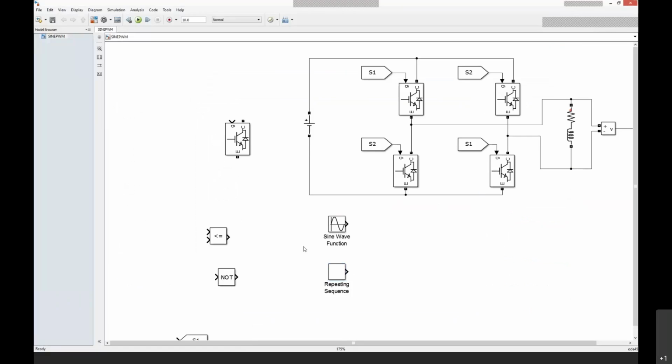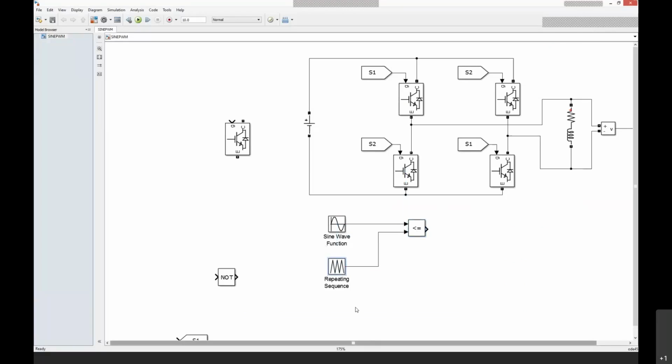Once this is done, these two signals we need to compare by using a comparator. So this is the modulating signal, and this is the corresponding carrier signal. This comparison will give you the firing signal for the opposite switches, that is S1.